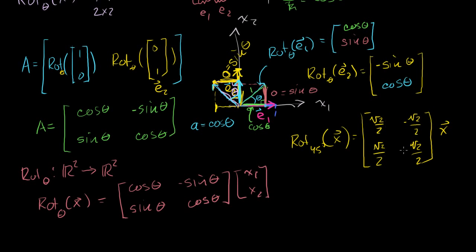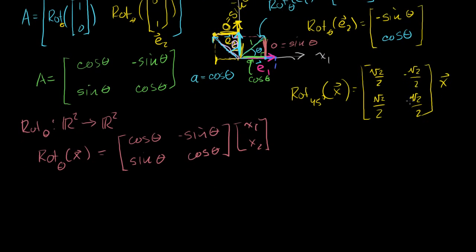So this matrix, if we multiply it times any vector x, literally, so if we have some coordinates right here, and let's say I were to have a bunch of vectors that specify some square here.